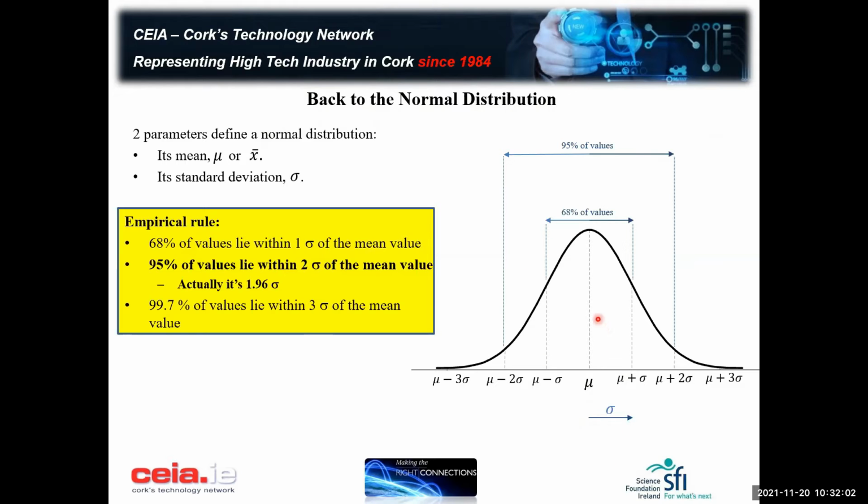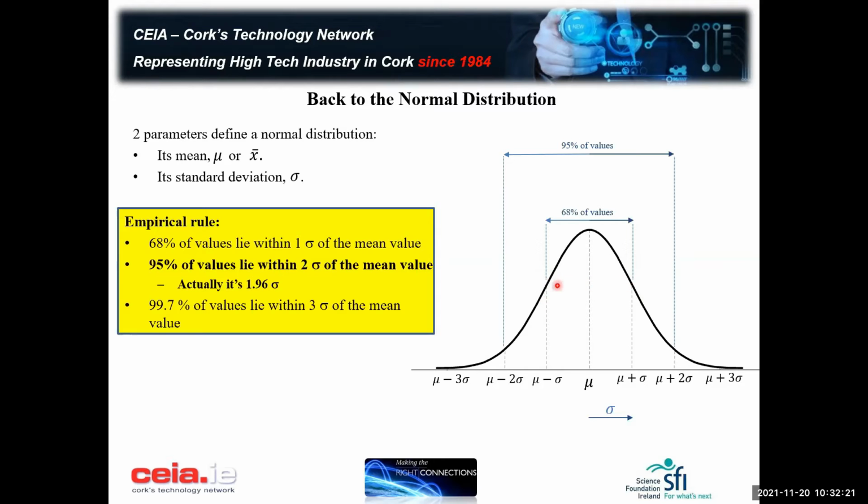Now, sigma is a measure of spread, as we said. It's represented here, 2 sigma, going from the mean minus sigma to the mean plus sigma. And that covers the bulk of the peak of the curve.